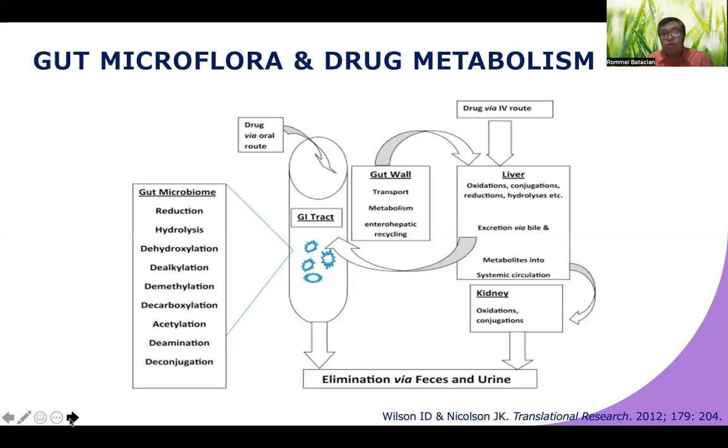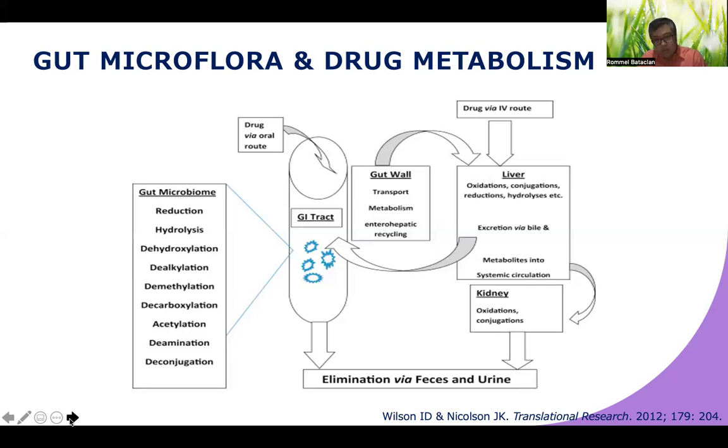So therefore, it could also affect metabolism of certain drugs if there are other medications that are taken by that individual, in addition to given antibiotics for a particular infection. So in addition to the presence of antibiotics or other medications, the diet, so the composition of the gut microflora is influenced by diet.